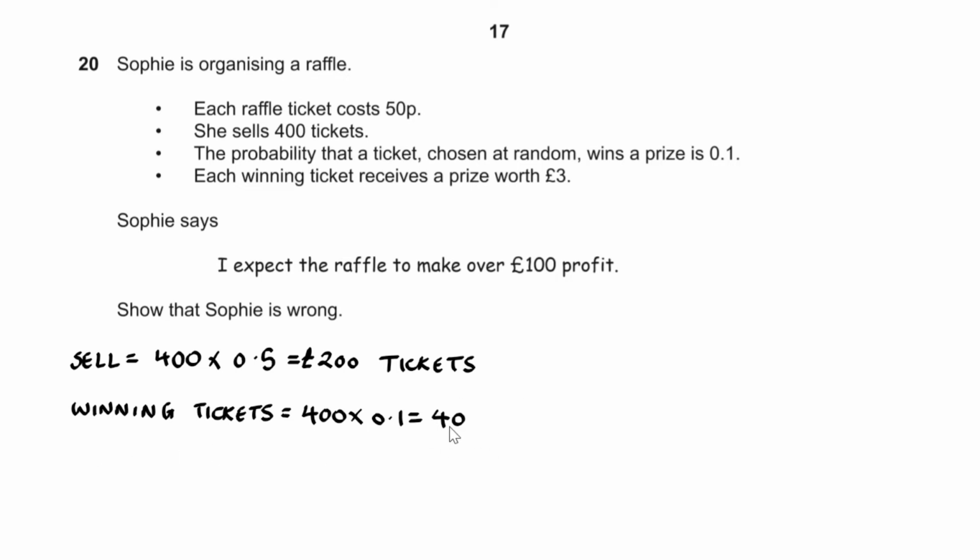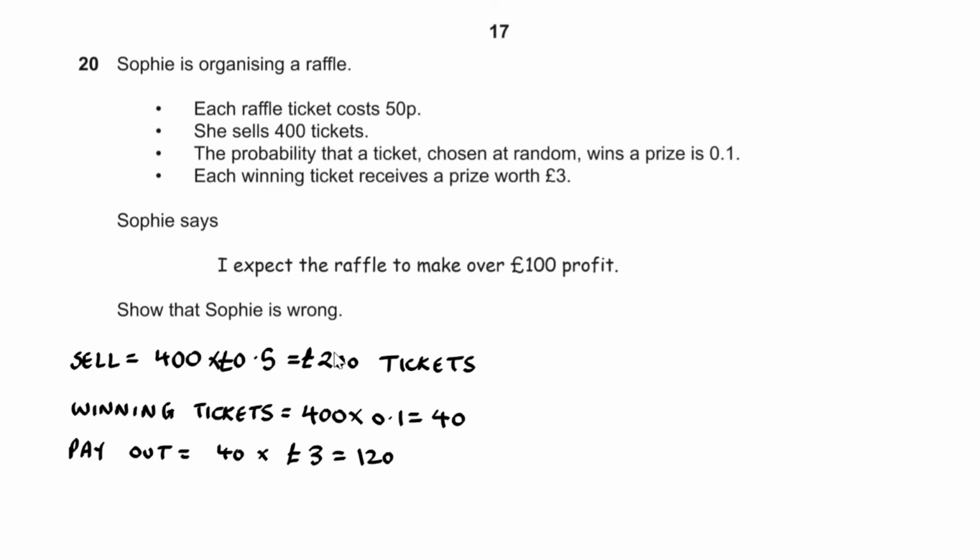So we expect to have 40 winning tickets, and therefore she would have to pay out 40 times by 3, which is £120.